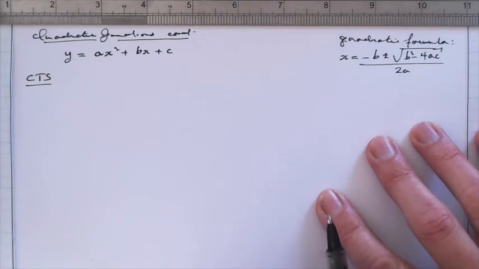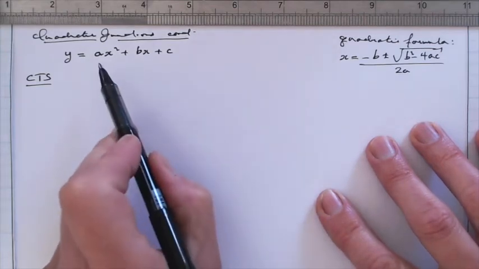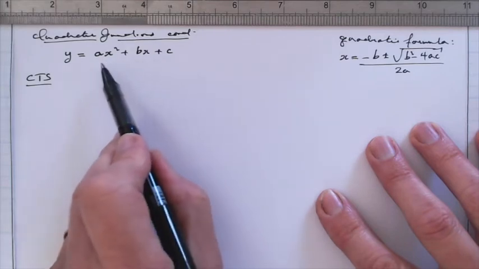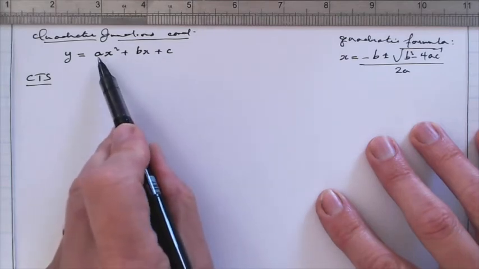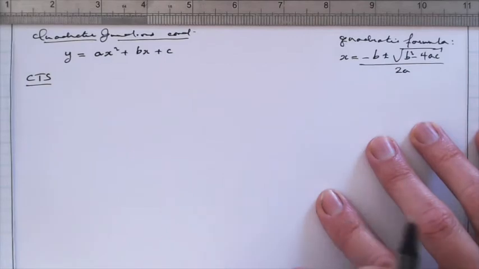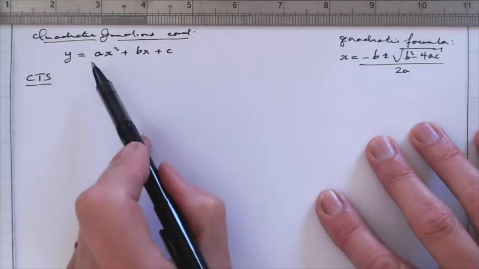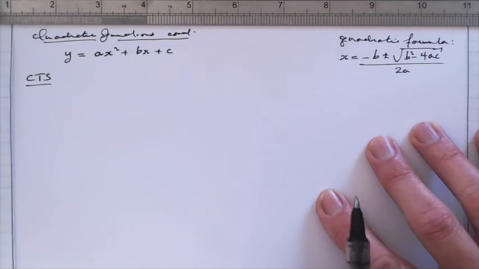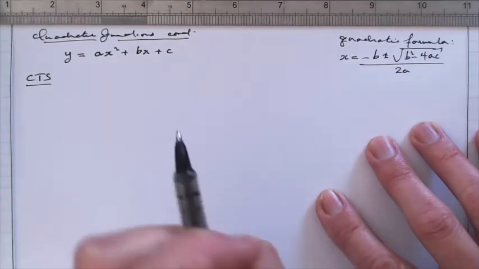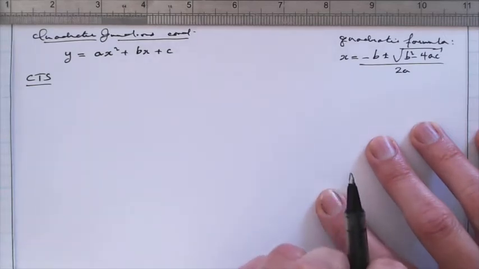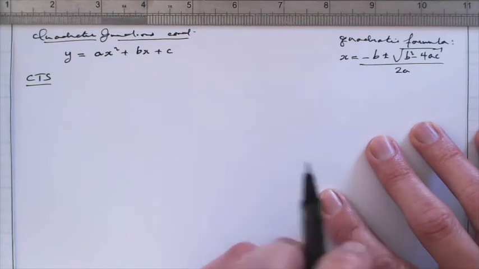The one complication that we haven't really come across heretofore is that in all the examples that I did when I completed the square, a was 1, because at this level of maths in Scotland they don't want you to have to complete the square if a is different to 1. But here we have just a general number called a sitting there, and it just introduces an extra step, but as you'll see, it's nothing particularly difficult.